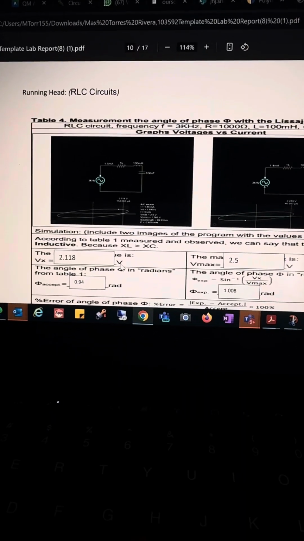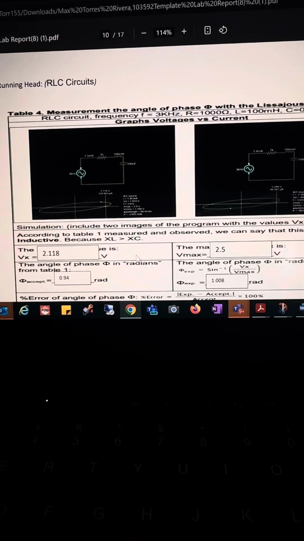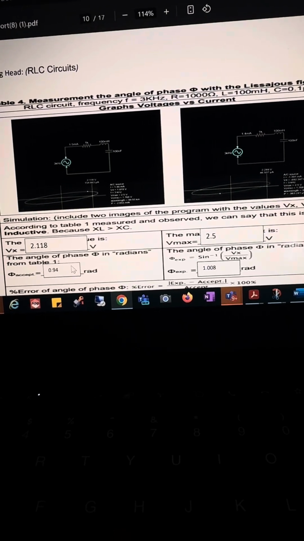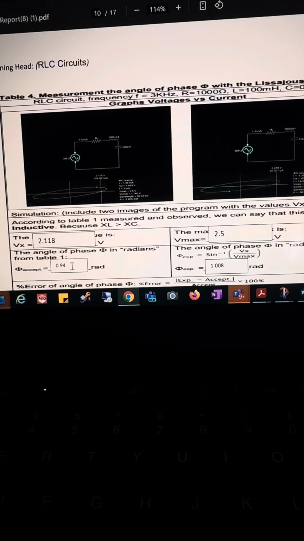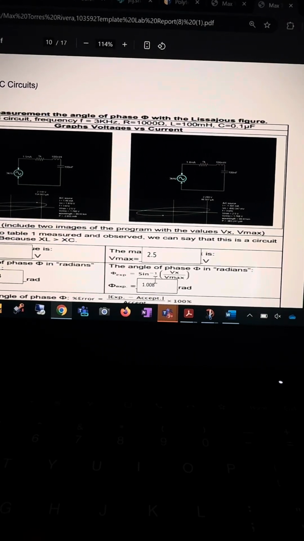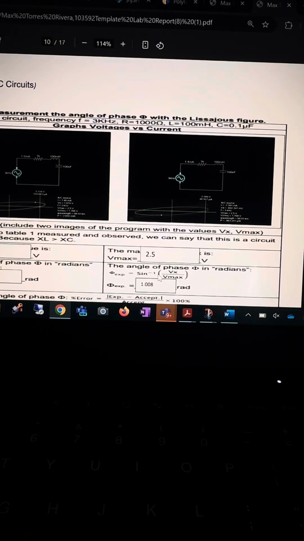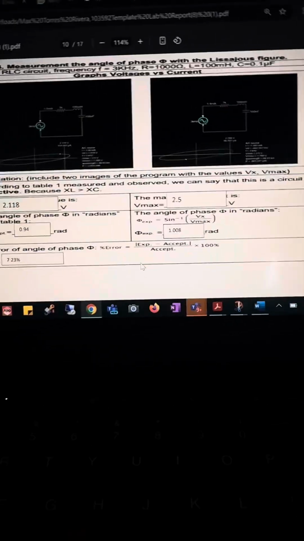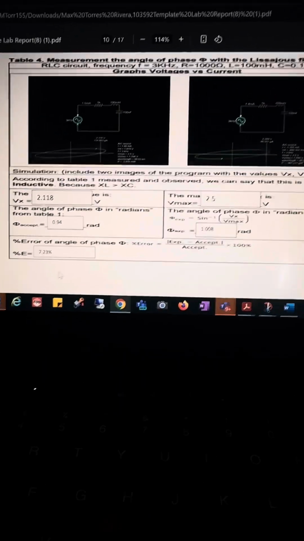I plug in those values, and then I use the angle of the phase in radians that I had on data table 1, which was 0.94, and then with that value, I use this formula: angle in radians expected, sine inverse or arcsin of Vx divided by Vmax, and I got this value, and then use the other formula to get your percentage error.